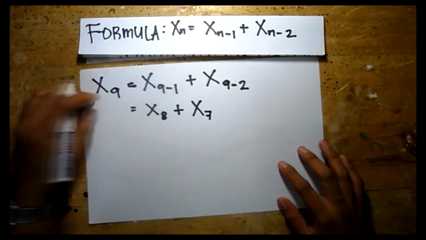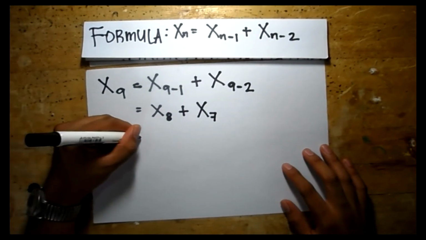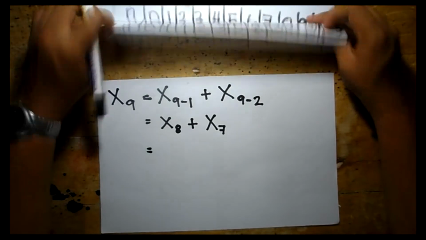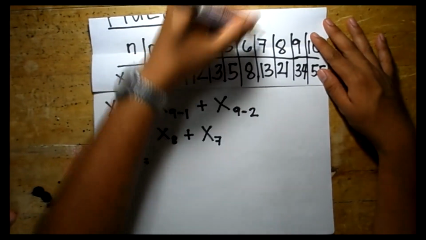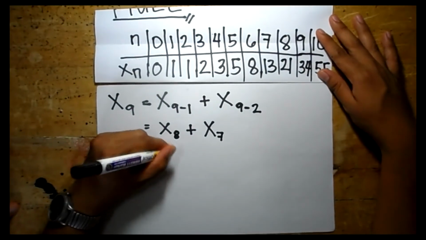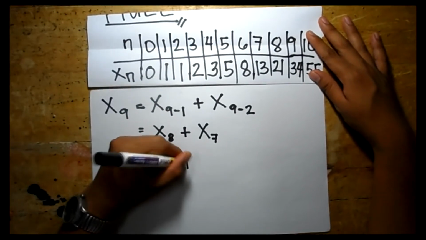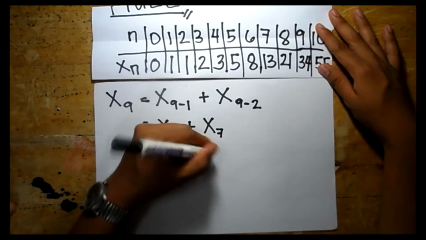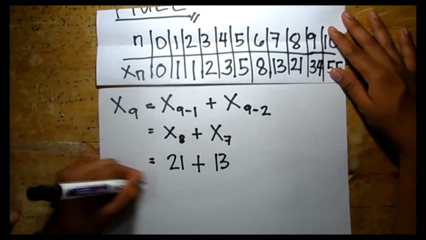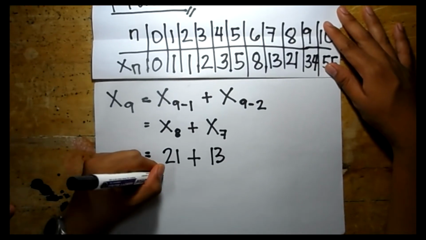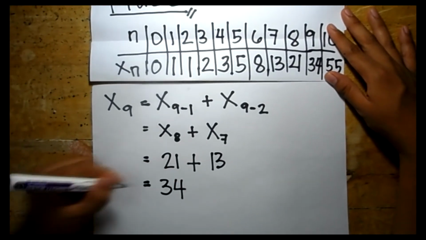We will substitute x sub 8 and x sub 7 in the Fibonacci terms. So x sub 8 will be 21 and x sub 7 will be 13. X sub 9 will be equal to 13 plus 21, which will give you an answer of 34.